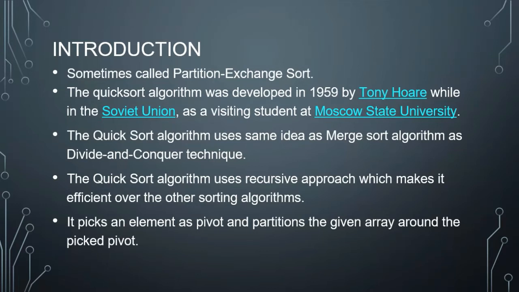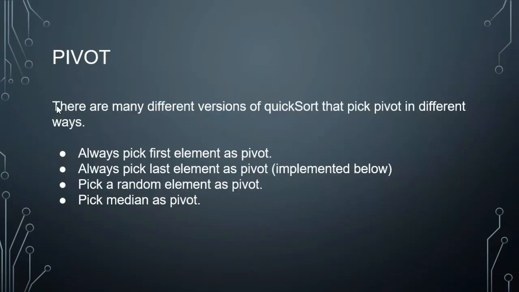There are many types and versions of quicksort for picking the pivot. The pivot can be selected randomly from an array, whether it is the first element or the last element.